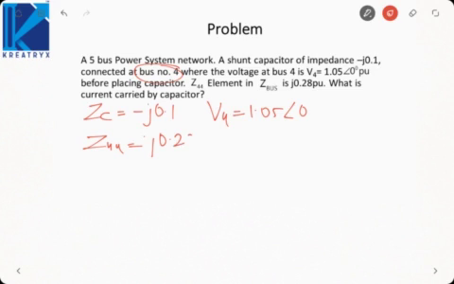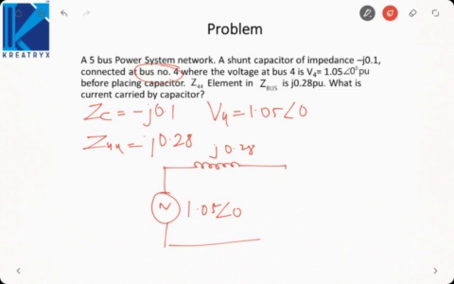j0.28. Now how do we draw the Thevenin equivalent of any bus? We will take a voltage source which is the same as the pre-fault voltage. We will take an impedance equal to the Thevenin impedance, that is j0.28, and then we will connect the load across the terminals.